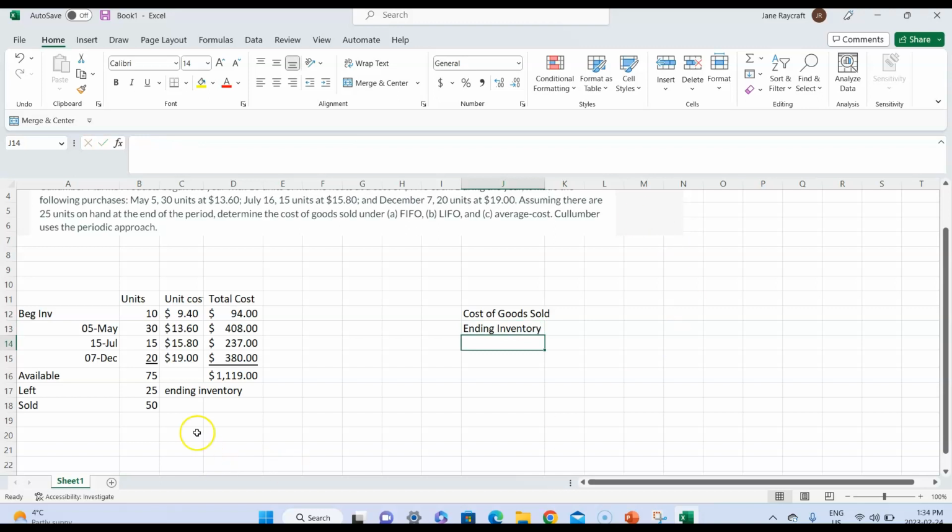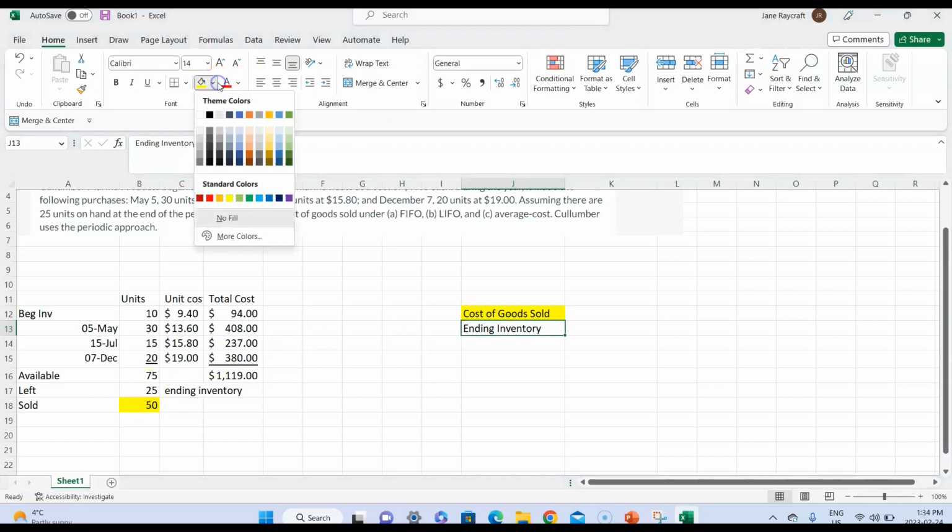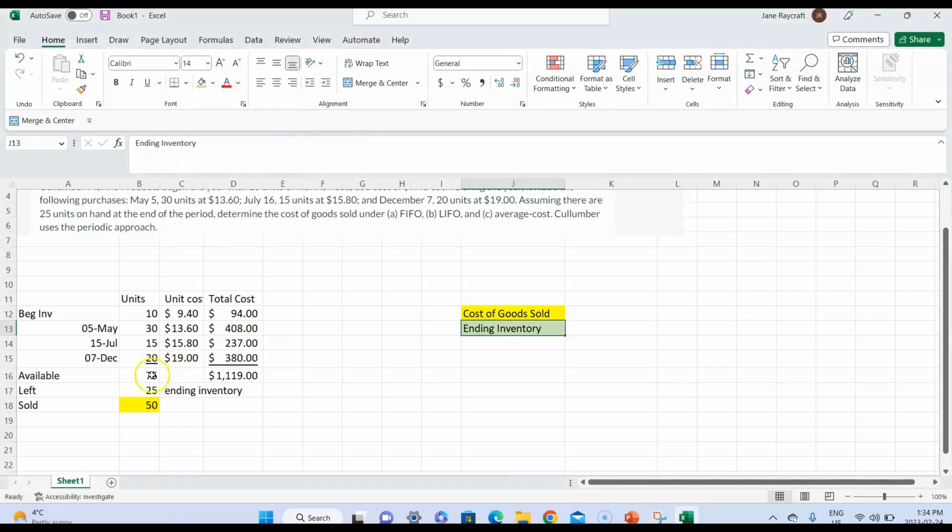When we're thinking about cost of goods sold, we're trying to put a dollar value on those 50 units. And when we're thinking about ending inventory, we're trying to put a dollar value on these 25 units.